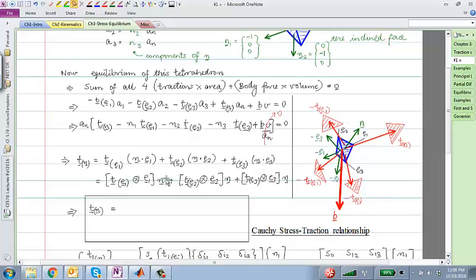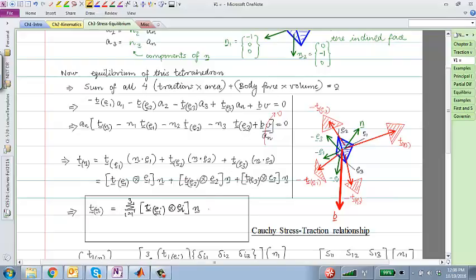Now, obviously, since n is a constant, I can pull it out and collect these three bracketed terms together. And I will write that as sum of I going from 1 to 3 of T sub EI dyad with EI acting on the vector n.